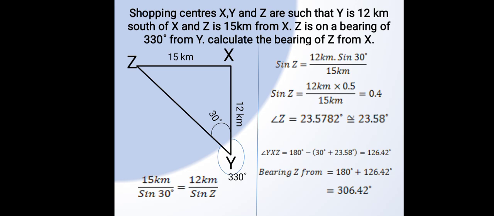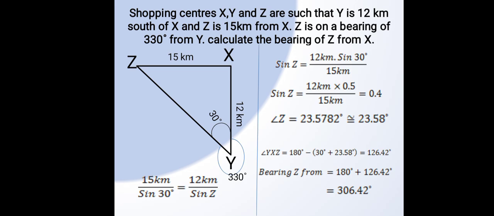Now, look at that bearing. Look at the diagram. The bearing of Z from X. If you look at that diagram clearly, you will see that we have an angle of 30 in our diagram.